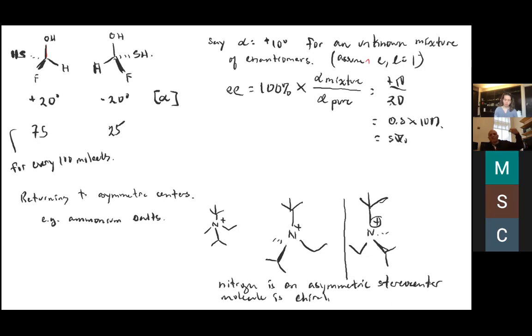So this is an ammonium salt. The nitrogen has a formal positive charge. If you just consider an amine, which is neutral, okay, so I have 3 substituents on nitrogen. There's also a lone pair. I can draw that in like that. And so this technically has 4 different substituents.